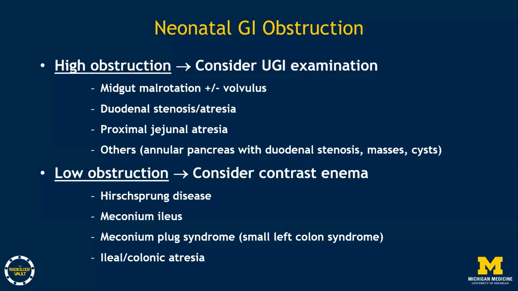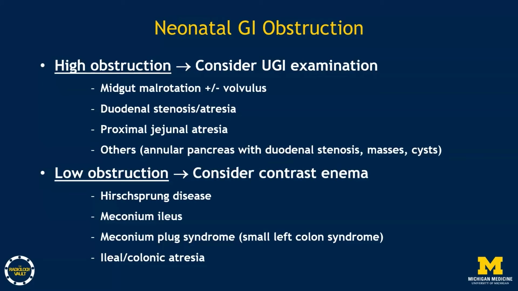Now, when we look at high or proximal obstructions, we're going to usually do an upper GI examination, or you may not need any imaging besides the radiographs in, for example, duodenal atresia, where you'll see a classic double bubble. But in high obstruction, we'll often do an upper GI examination, and we're looking for the entities listed on the slide in front of you.